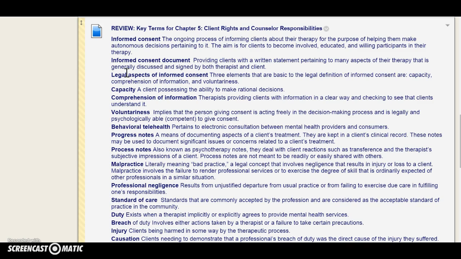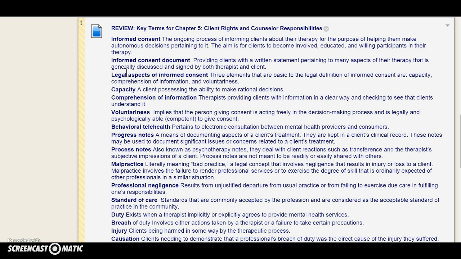All right, so everyone when they start treatment should have an informed consent document. Anyone that you do treatment with needs to sign an informed consent document stating specifically what type of treatment is needed for the condition they have, or what classification of diagnosis they have.